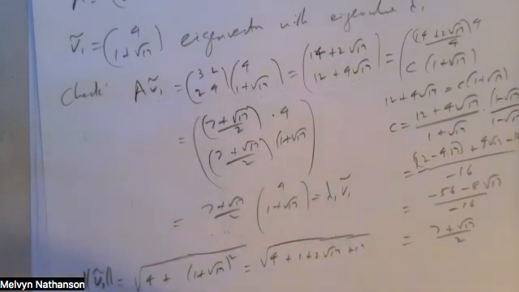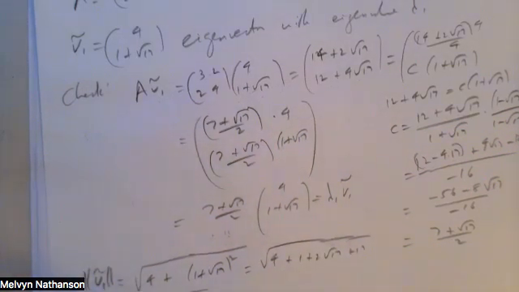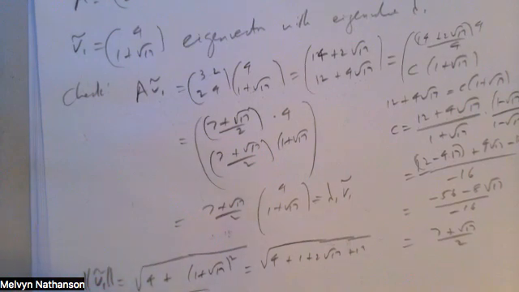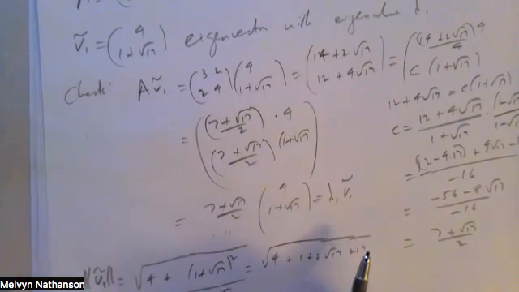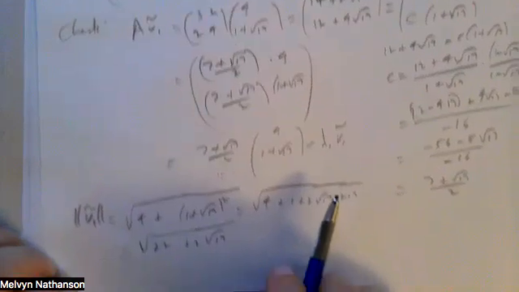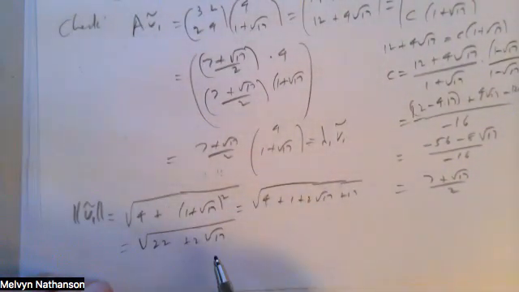That's the square root of 22 plus 2 root 17. It's not the prettiest number, but it's some number. It's certainly not equal to 1.